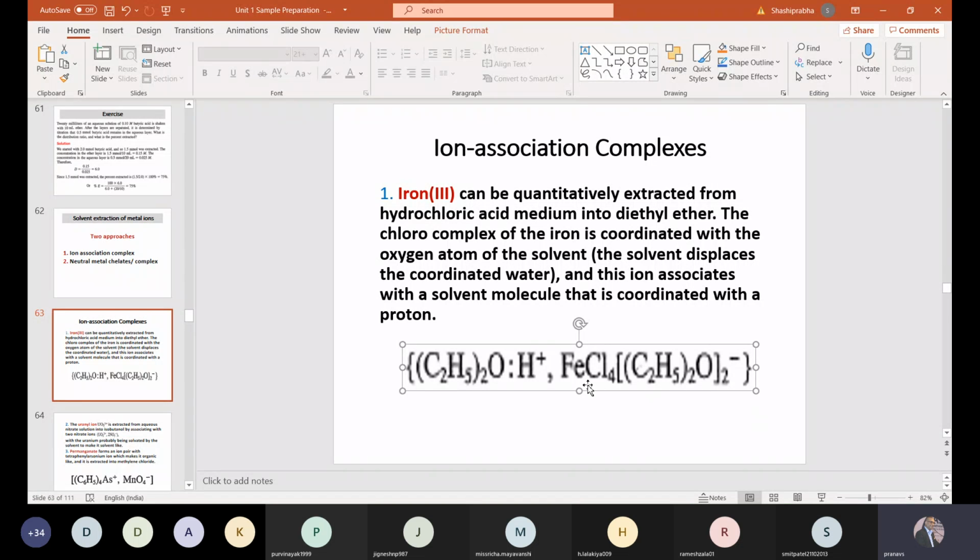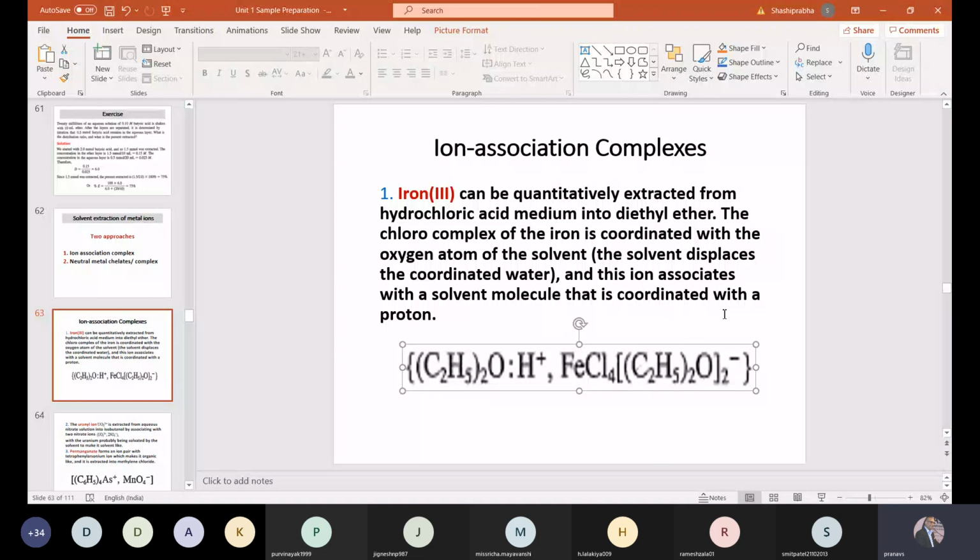We are interested in extracting only iron, but the solvent molecule itself coordinates with the ferric chloride and the H plus ions, resulting in a very bulky molecule. And this bulky molecule doesn't prefer to stay in the aqueous phase. The moment you shake with diethyl ether, it goes into the organic phase.